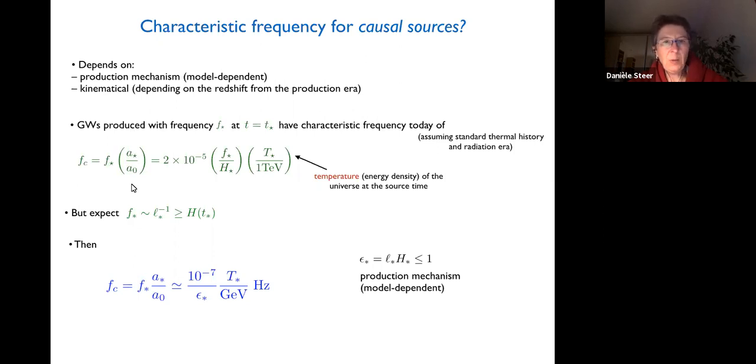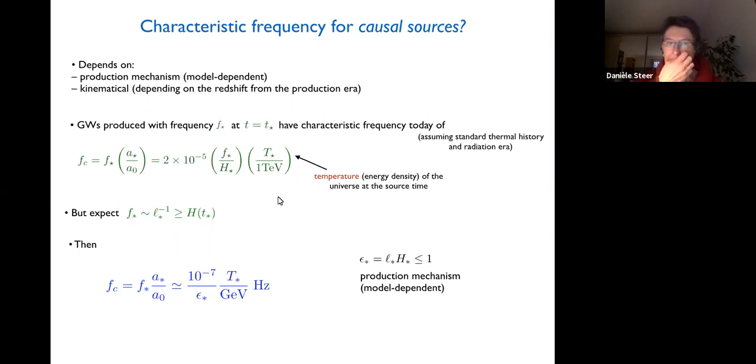And using standard cosmology, assuming a radiation era, you can express the scale factor at formation, time t star, in terms of the temperature of the universe at time t star. And you see that the characteristic frequency is of order 2 times 10 to the minus 5 times the frequency in units of h times the temperature measured in units of, well, for a characteristic temperature of 1 TeV.